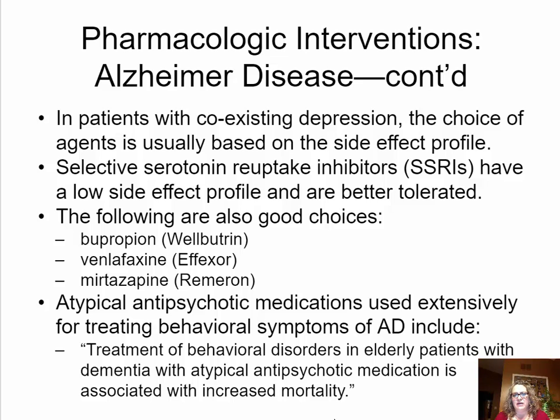Even though they're at risk for death secondary to the use of those drugs, the time that they have left is more enjoyable for the patient and themselves. So it's a matter of whether or not their quality of life is being impaired by those disruptive behaviors. So that's why sometimes you'll see them.